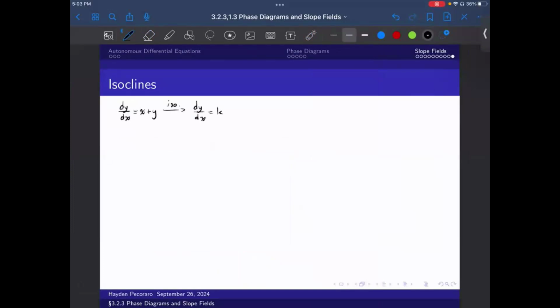Let's call it k. Well, then we have x plus y equals k. And if we focus on this equation, we can solve that for y and get y equals k minus x, or if you want to write it in slope-intercept form, minus x plus k.